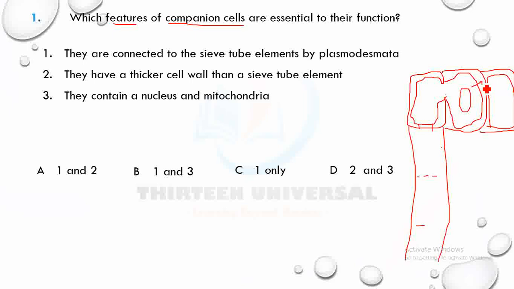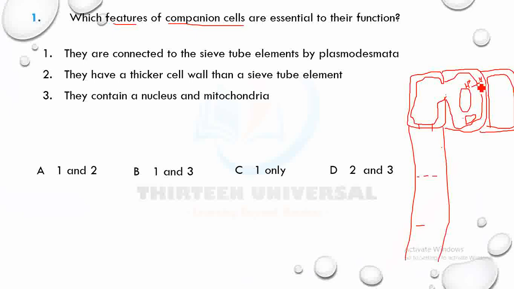To make protein, you need transcription, and transcription occurs in the nucleus. They need mitochondria to power hydrogen ion transport by active transport. Usually hydrogen ions, or protons, are pumped into the cell wall by the companion cell, and that requires a protein here.